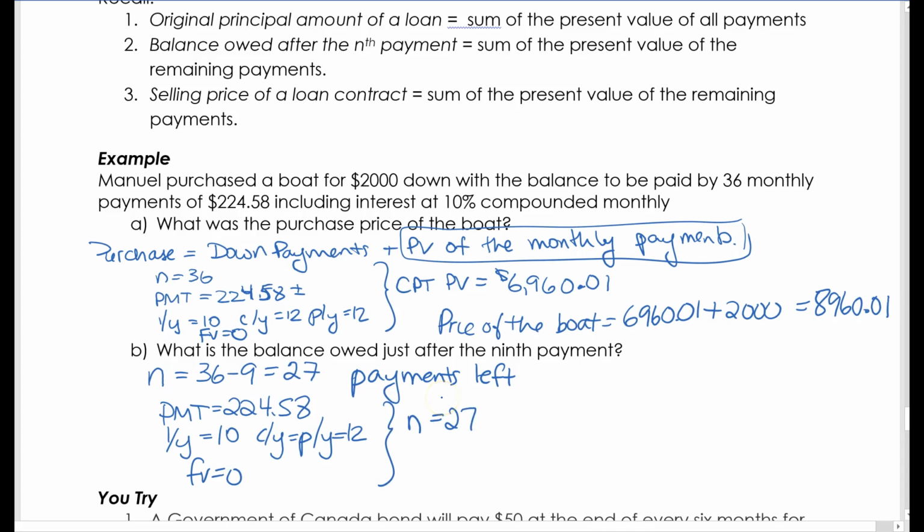This is where the calculator really comes in. You can use the formula and plug it in, but what you can do is just change the N to 27 and recompute the present value. You'll get 5409.83.